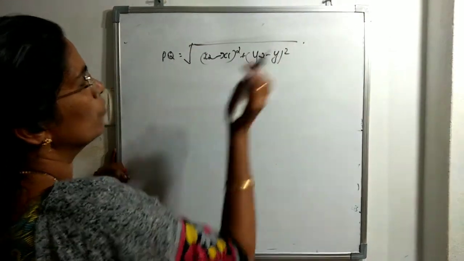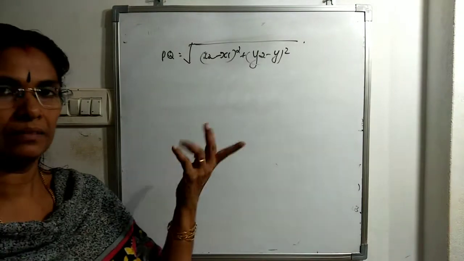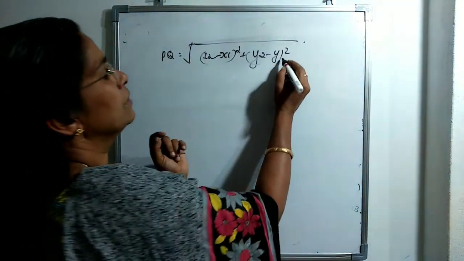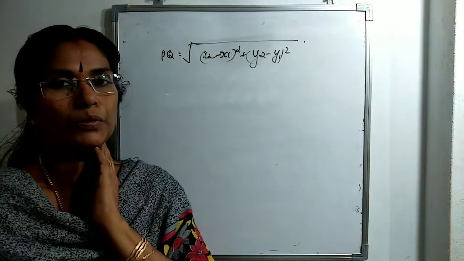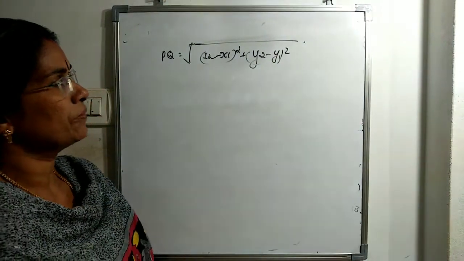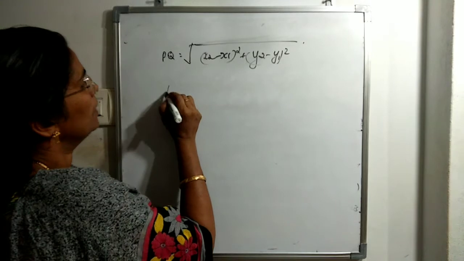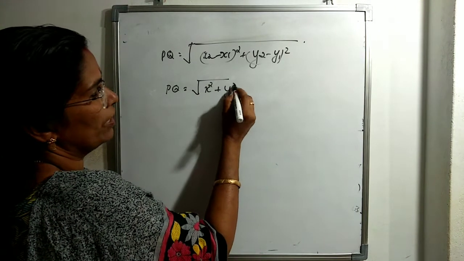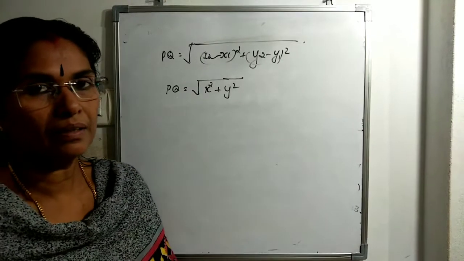That is the distance formula. Or we can write it in reverse form also, (x1 minus x2) square plus (y1 minus y2) square. If the point is from the origin, we apply PQ is equal to square root of x square plus y square.